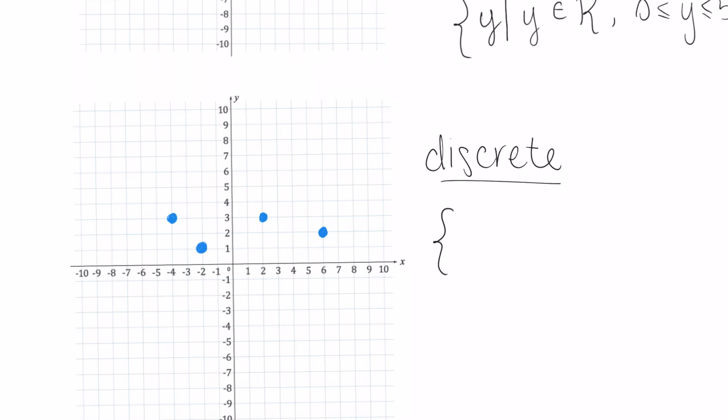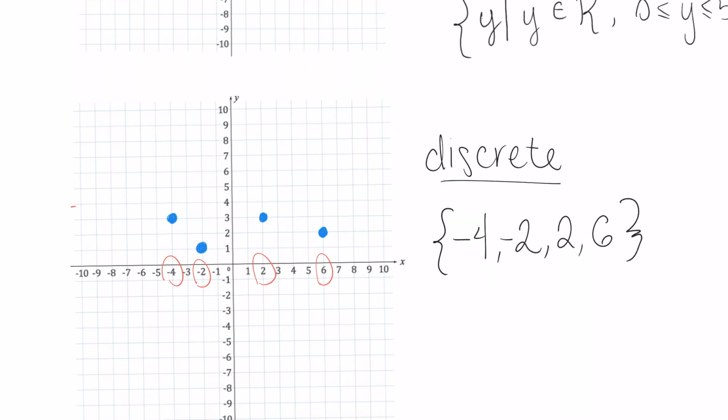We're going to start with the brace, and then we're just going to list the x values that we've used. So you can see that there's a -4, a -2, a 2, and a 6. Those are the only x's that were used. So we're going to just simply list those to show our domain. So -4, -2, 2, and 6. Finish it off with a brace.